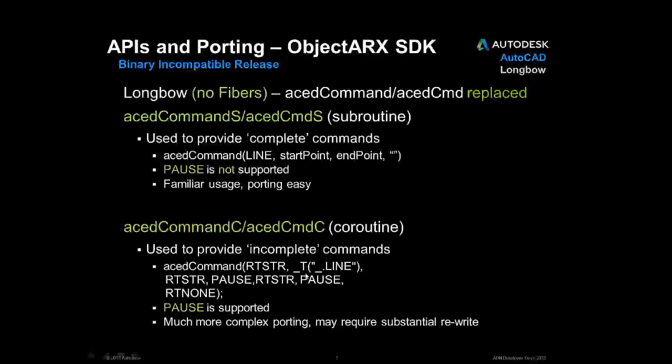But a lot of people use acedCommand like this: starting a command, then prompting for user input to enter the necessary parameters until the command ends. In this case, we start the line command and issue a pause to allow the user to keep drawing additional line segments.